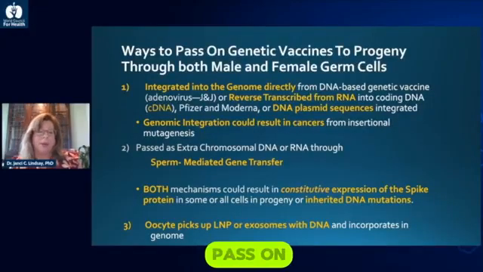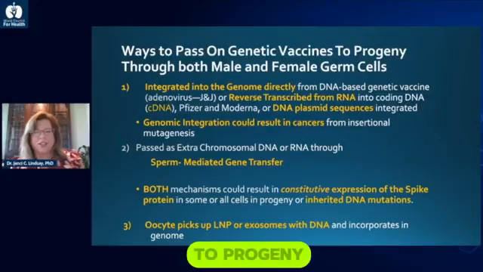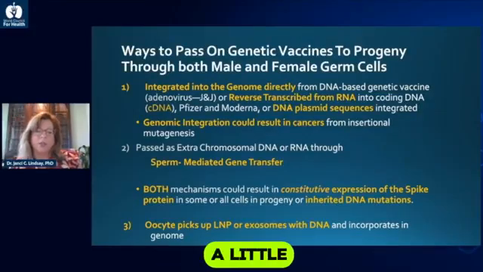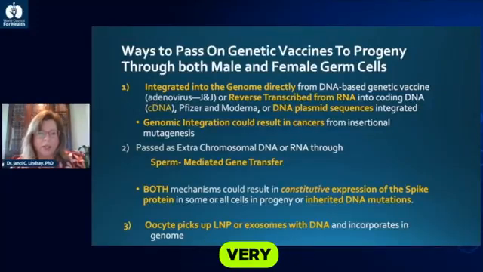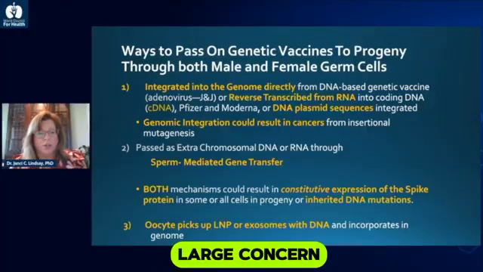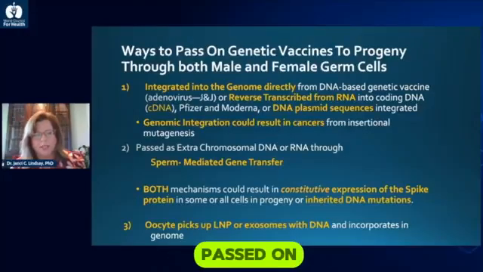So ways to pass on genetic vaccines to progeny through both male and female germ cells. I spoke a little bit about this in December of 2022 at the U.S. Senate. My very large concern is that these gene therapies will be passed on to our progeny and will contaminate the gene pool. And this is not being investigated at all.